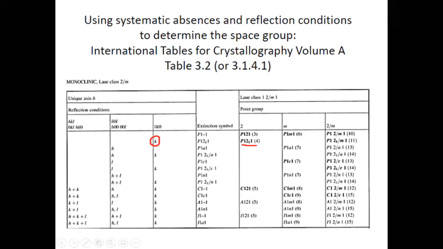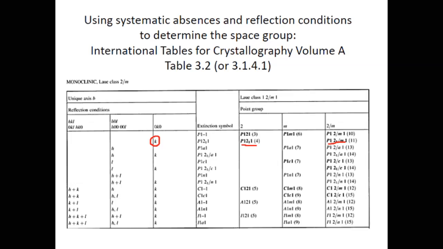So if you only have a screw axis and you're in monoclinic, the most obvious space group would be P21, or it could be P21/m, because remember m doesn't show up in the extinction conditions, only the 2(1). So how would you determine between P21 and P21/m? You've narrowed it down from 230 space groups to 2 space groups. And if you notice, there's something different between both of these space groups. P21 is non-centrosymmetric.